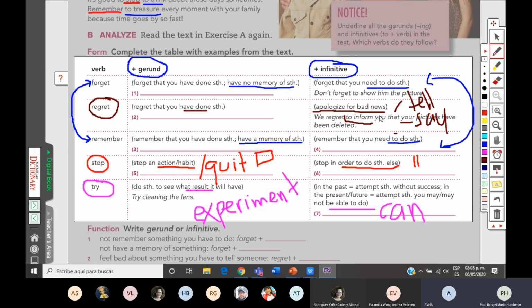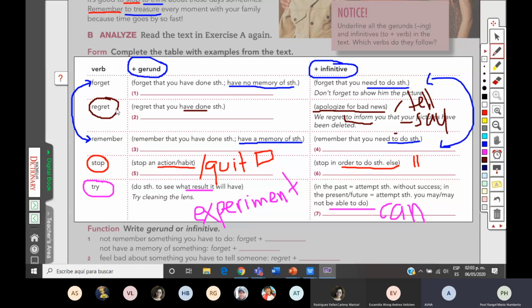Entonces sí, aquí sí no hay tanta diferencia, porque no hay tanto problema porque son completamente diferentes los significados, los usos. Aquí es realmente arrepentirnos de algo, regret doing something, y aquí es to apologize for bad news that you're going to give. You know, it's like, I regret to inform you guys that you're not going to pass 7 and 8. ¿Sí? Porque les voy a dar una mala noticia.